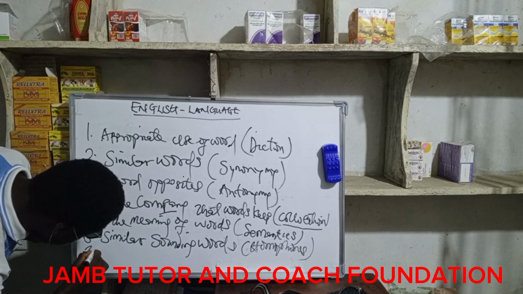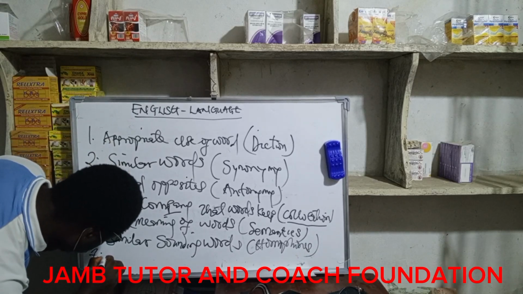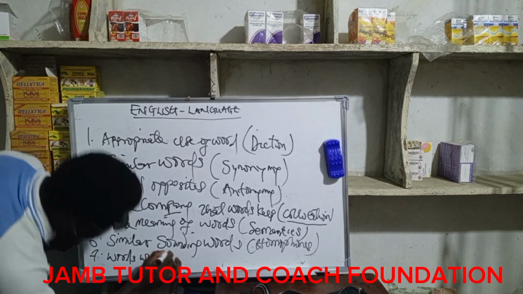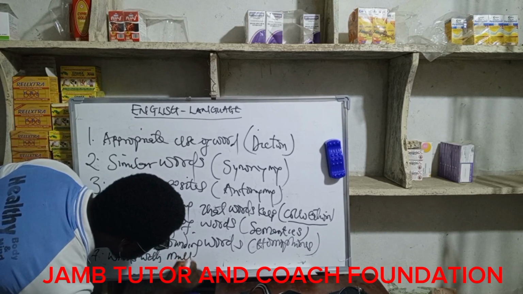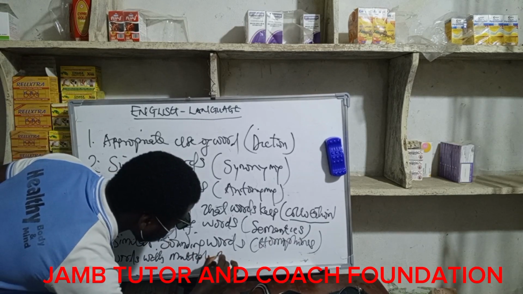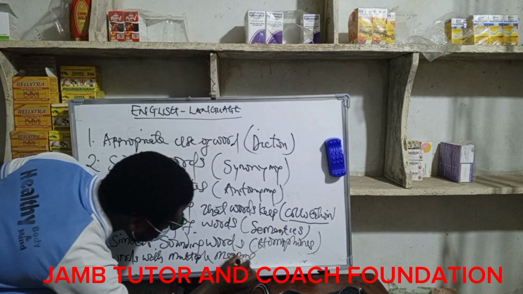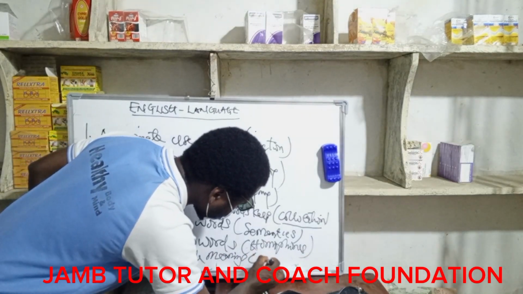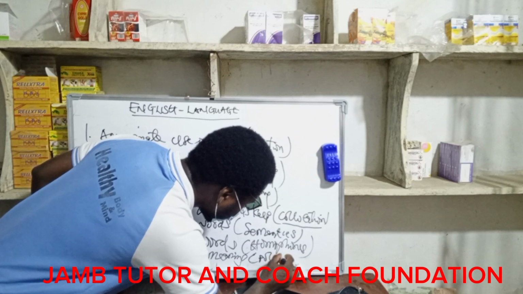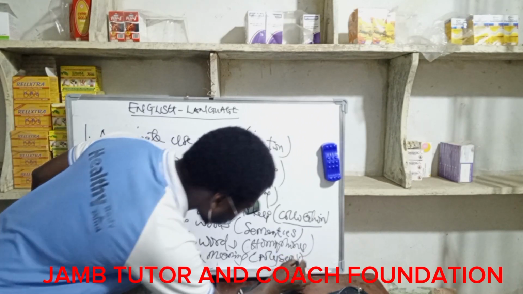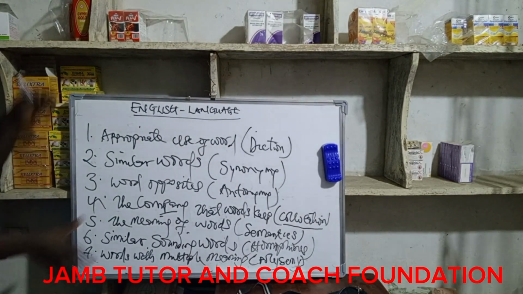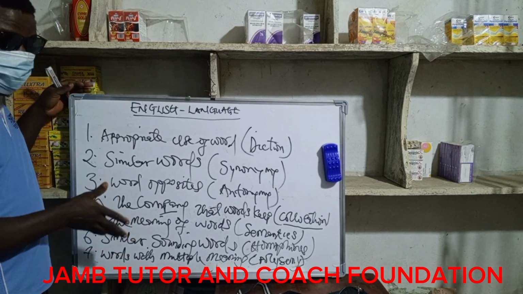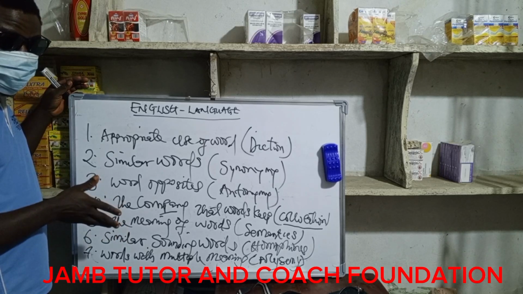The seventh area is words with multiple meanings. Polysemy. Right. So basically, these are the seven areas that you'll be tested on lexis in any English language examination you sit.